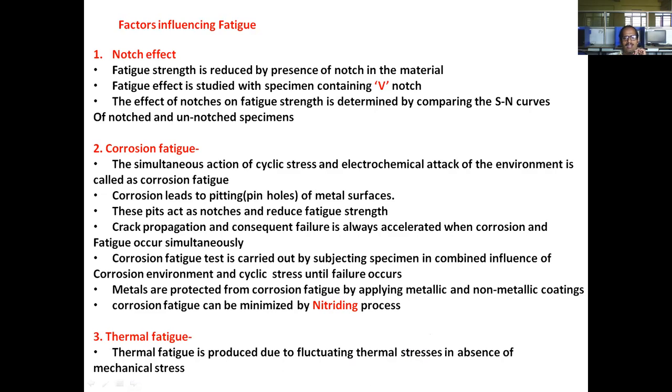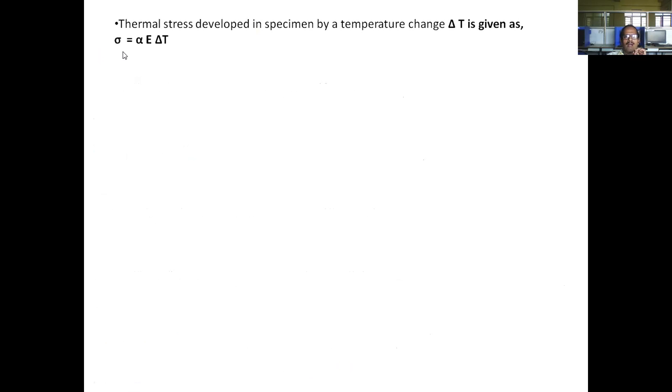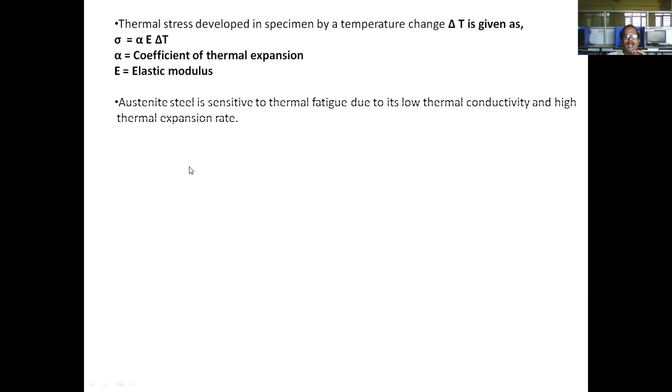The thermal stress developed in a specimen by temperature change delta T is given by sigma equals alpha times E times delta T. Alpha is the coefficient of thermal expansion, a property of the material, and E is the elastic modulus. With the help of these two values and the temperature change, we can determine the thermal stress.